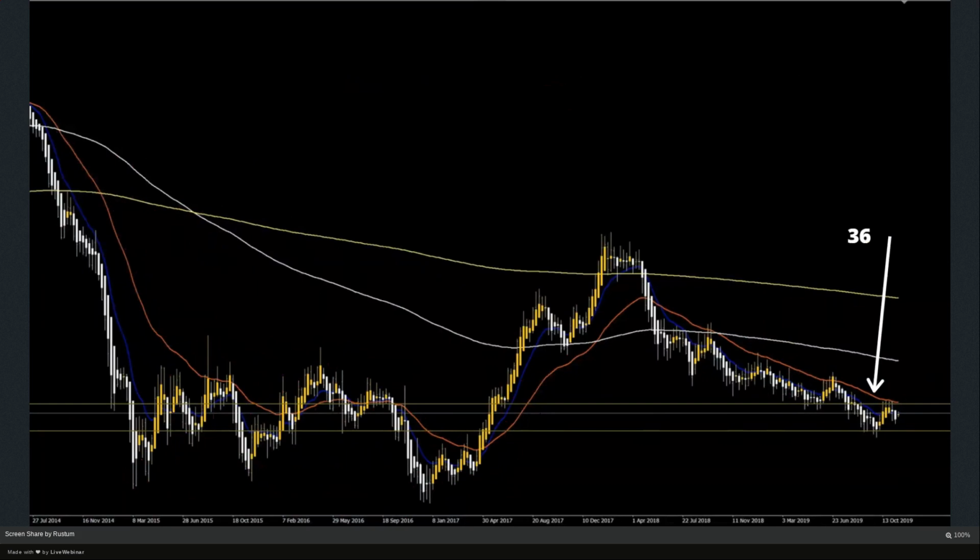The 36 period moving average. What does the 36 period moving average show us? Yeah, try and participate and answer some of these questions. What do you think the 36 period moving average does for us on the weekly chart?